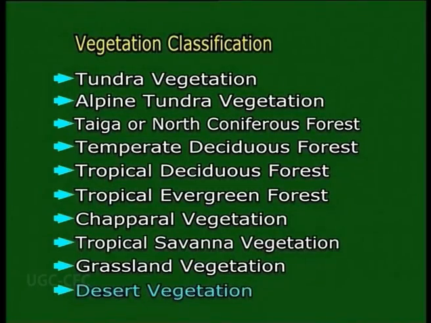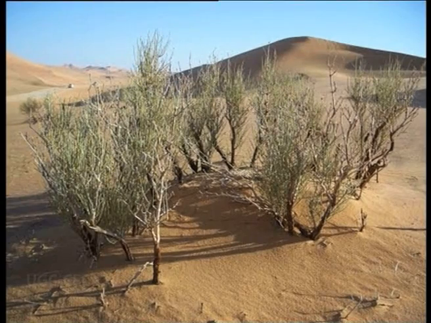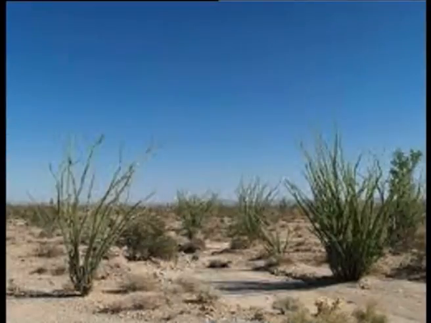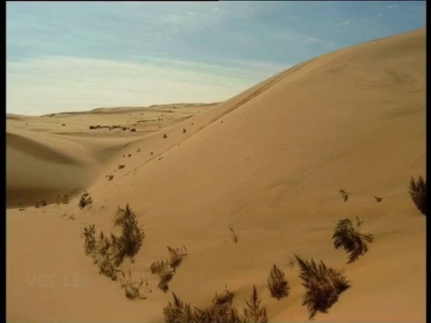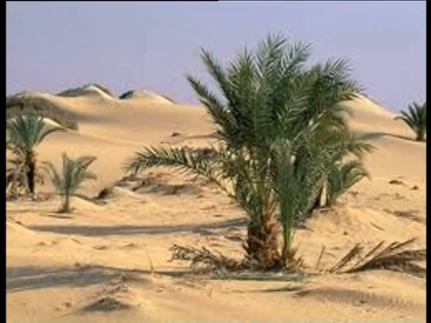Last type of vegetation includes desert vegetation. Areas with less than 25 centimeter of rainfall per year are referred to as desert. They are found at lower latitudes between Tropic of Cancer and Tropic of Capricorn. Death Valley of USA, Sahara in Africa, Gobi, Arabian and Thar of Asia are best examples of desert areas.